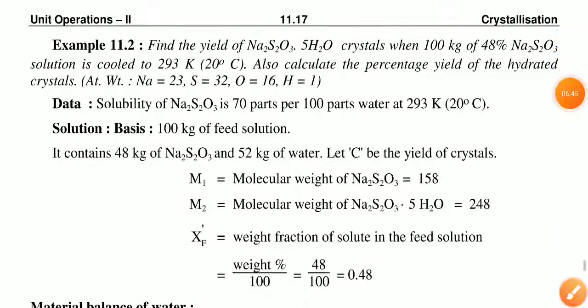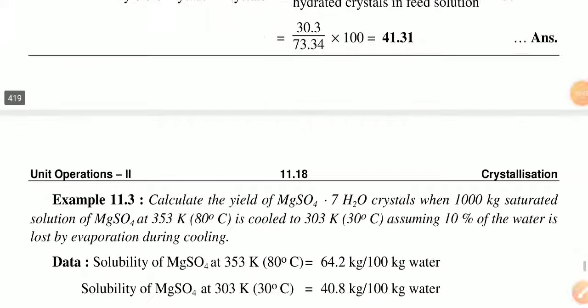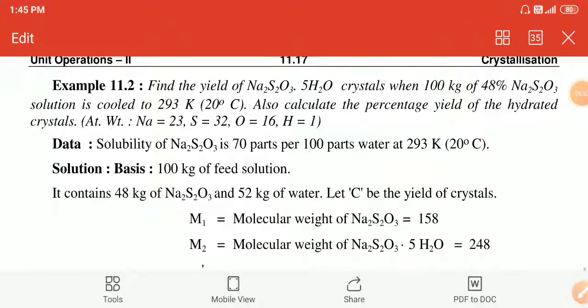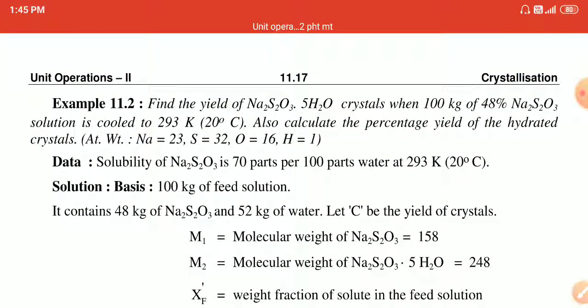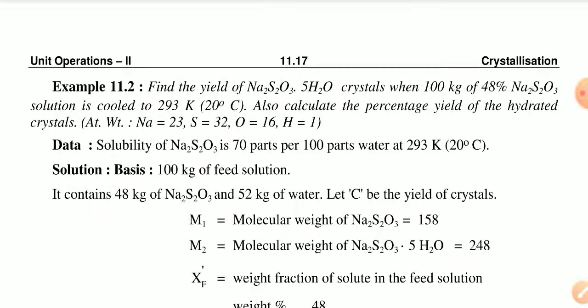Let us look at the second example. Find the yield of Na2S2O3·5H2O crystals when 100 kg of a 48% Na2S2O3 solution is cooled to 293 Kelvin, that is 20 degrees Celsius.